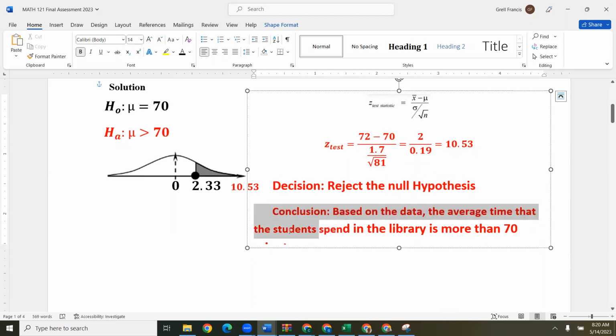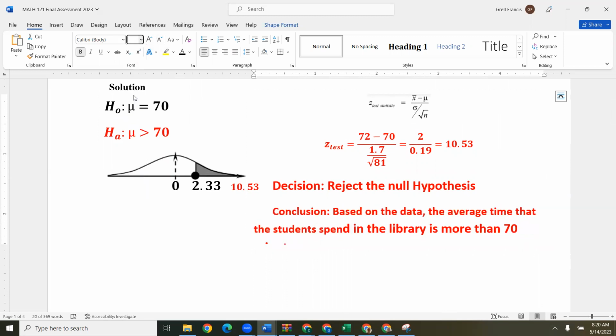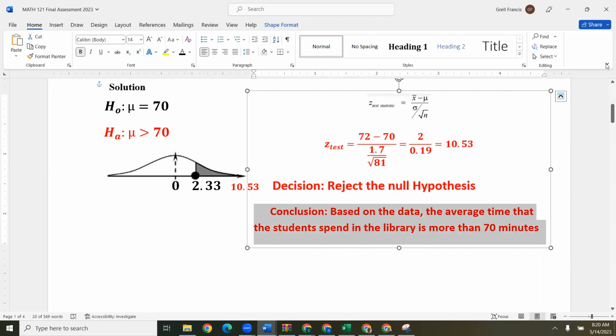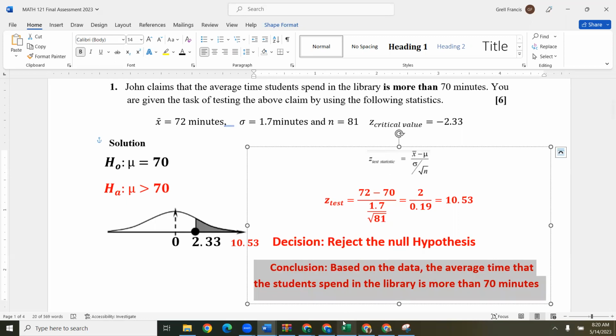And that's what we end up concluding because we got an average of 72. The x bar, the sample mean, is 72. So it appears that 72 is significantly more than 70 minutes according to this test.